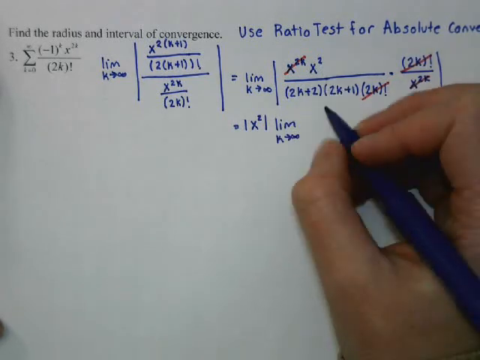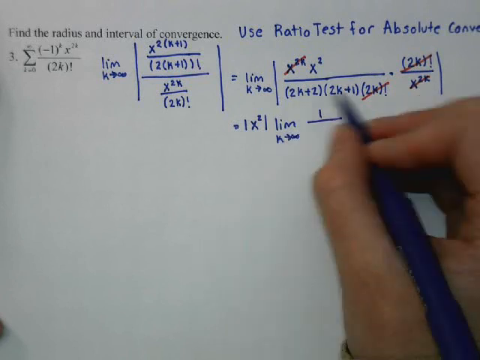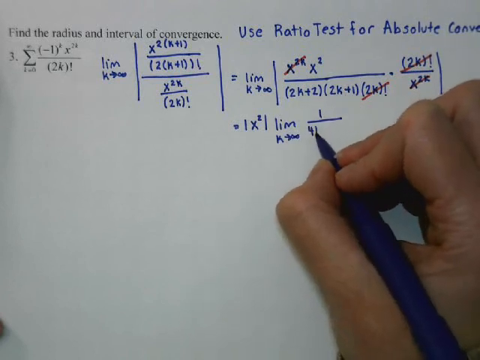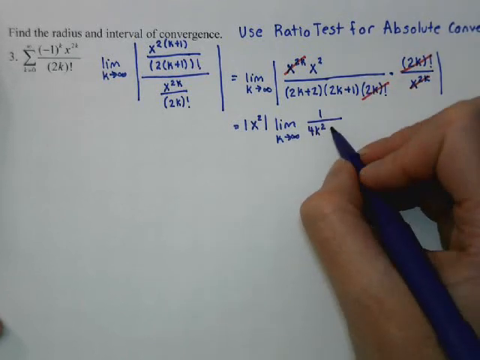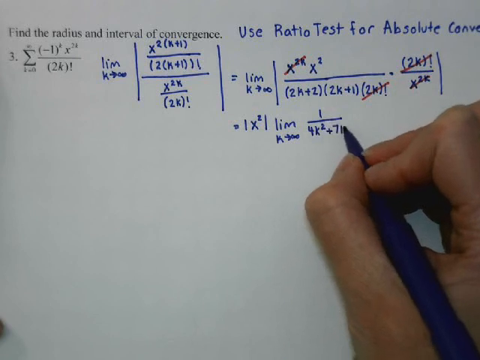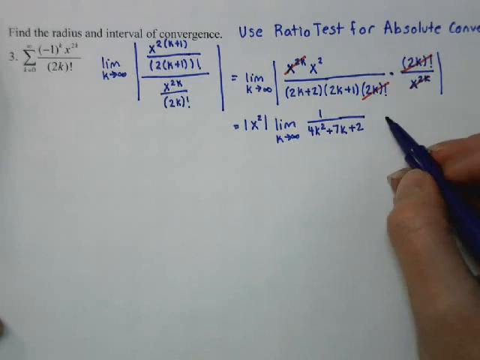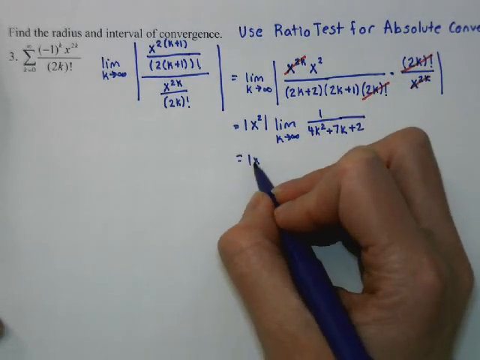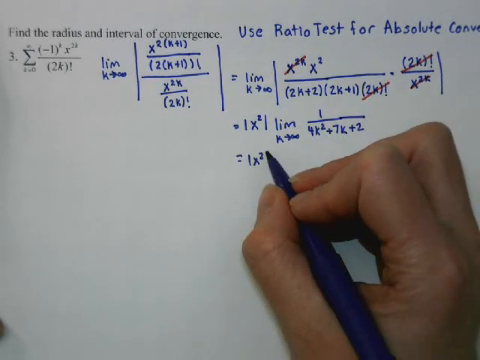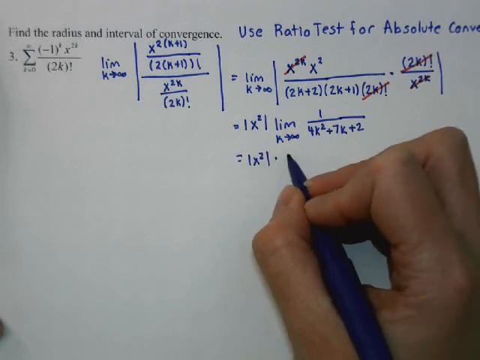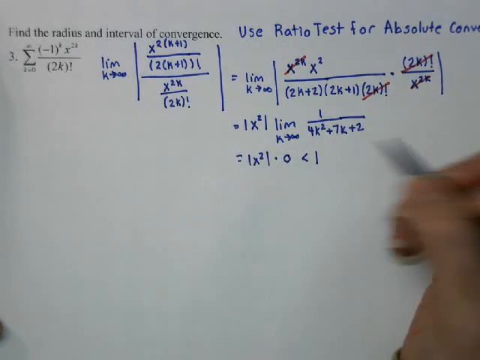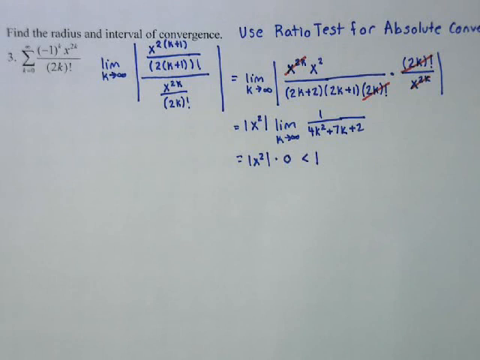Everything left is positive, so we're going to have x squared over, if I FOIL this, 4k squared plus 7k plus 2. Well, what is that limit? This is going to be 0. And we're interested in when this is less than 1.